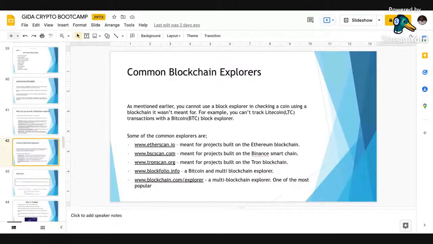So you cannot use a block explorer in checking a coin that it wasn't meant for.